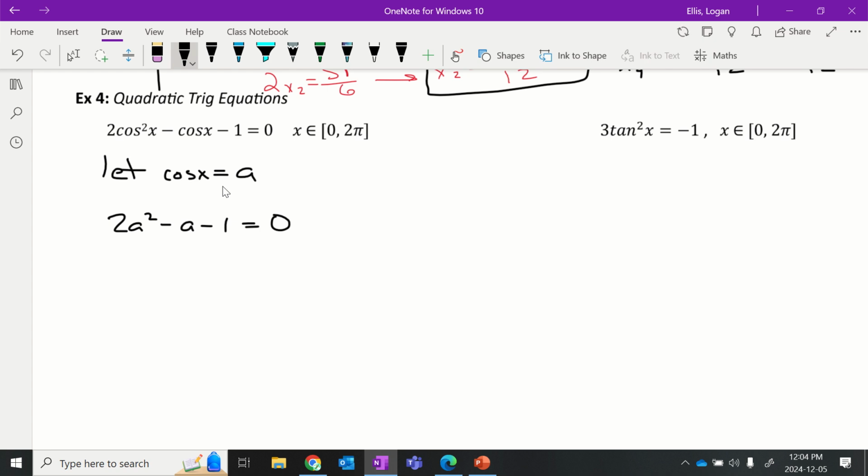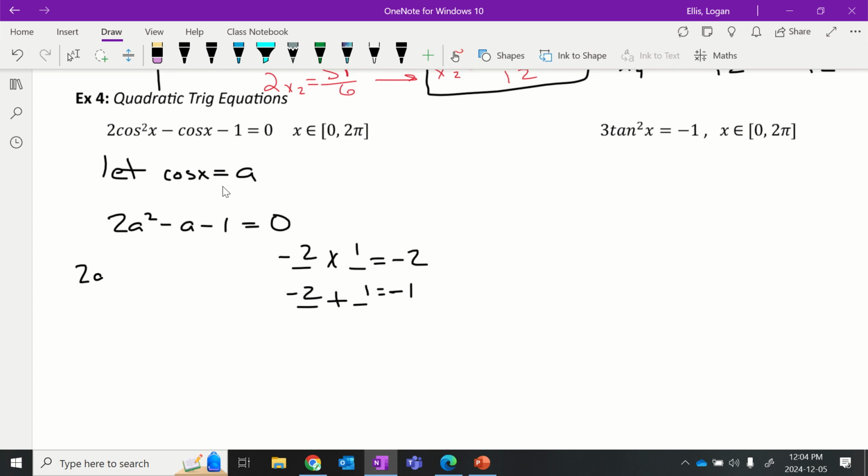So when you go ahead and factor this, remember 2 times negative 1, we're looking for what two numbers multiply to negative 2 and add to negative 1. That is going to be negative 2 and 1.